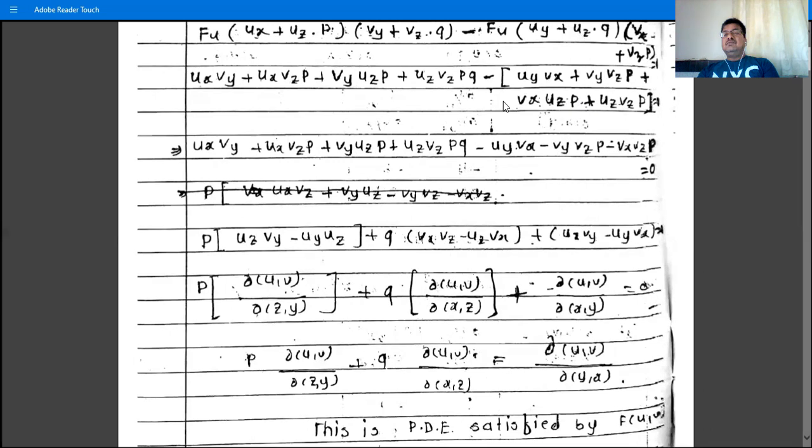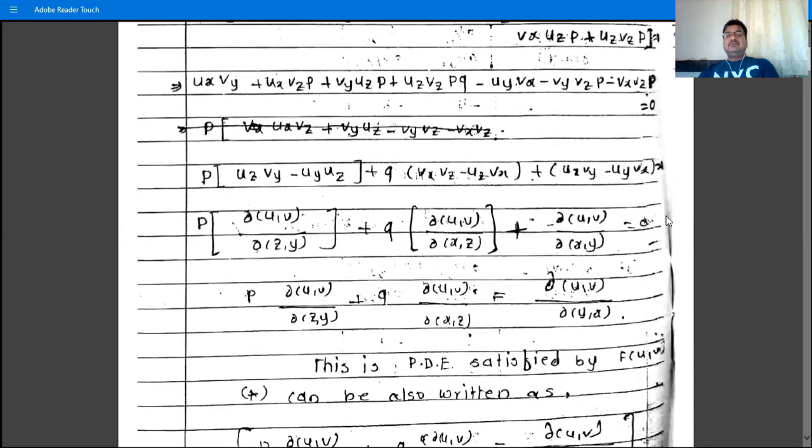And this term and this term get cancelled, so the remaining terms are u_x v_y minus u_y v_x is equal to 0.